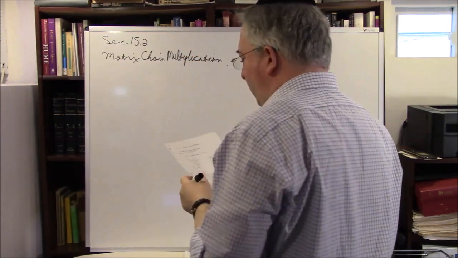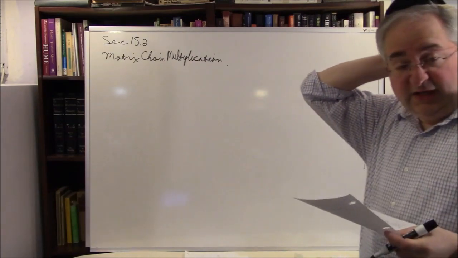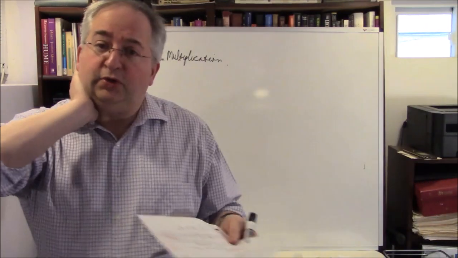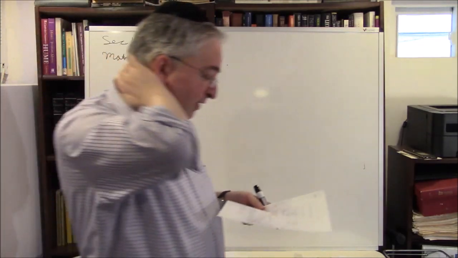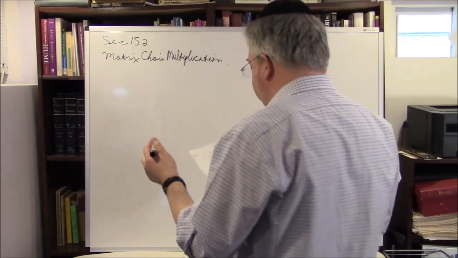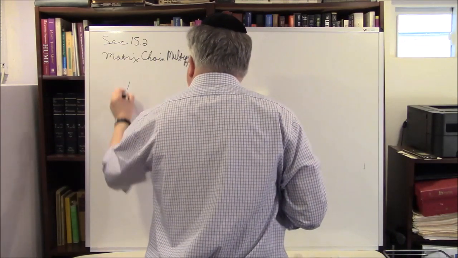Let's say you have two matrices. We did this the first day of class where we talked about n squared when you have two n by n matrices. But let's say you don't have two n by n matrices. Let's say you have different size matrices.